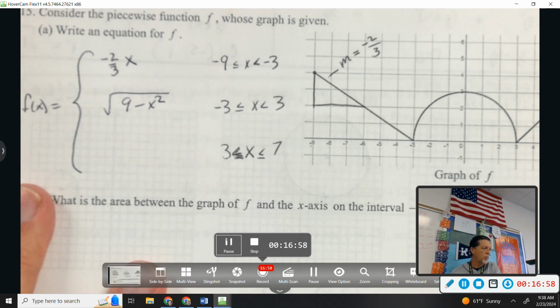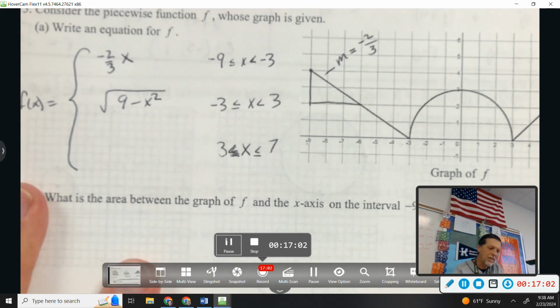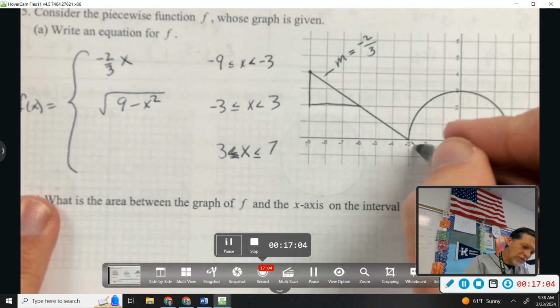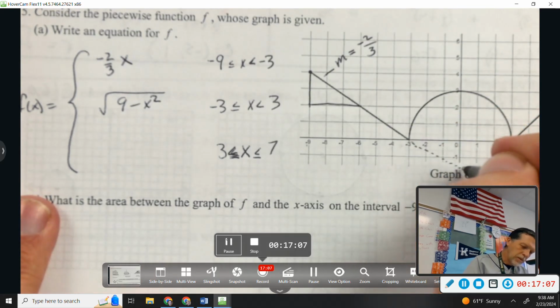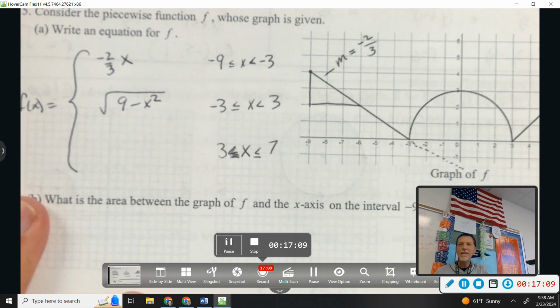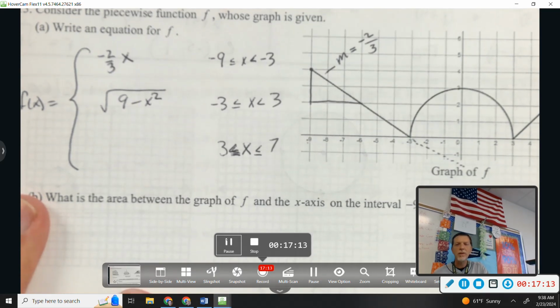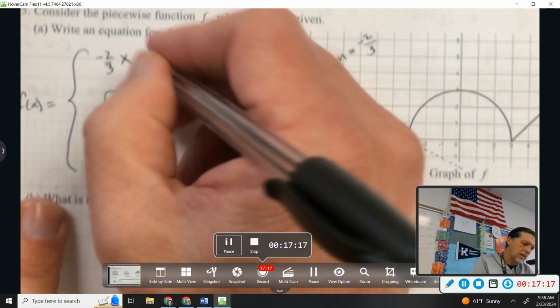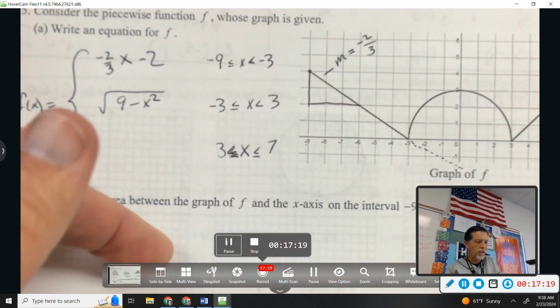A couple ways to do this. To me, the easiest thing would be just to visualize what b would be if we had a b. That makes sense. If I extended it, what would the y-intercept be? -2, especially if I did a better job of extending it. So -2/3 x minus 2.